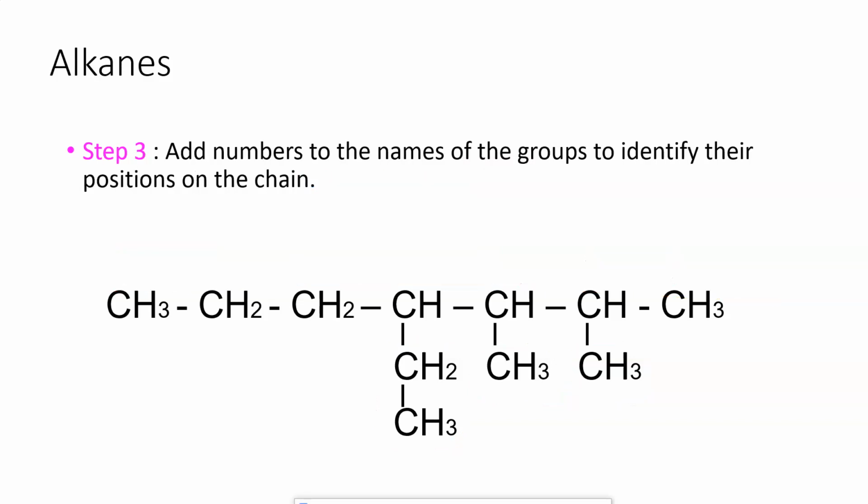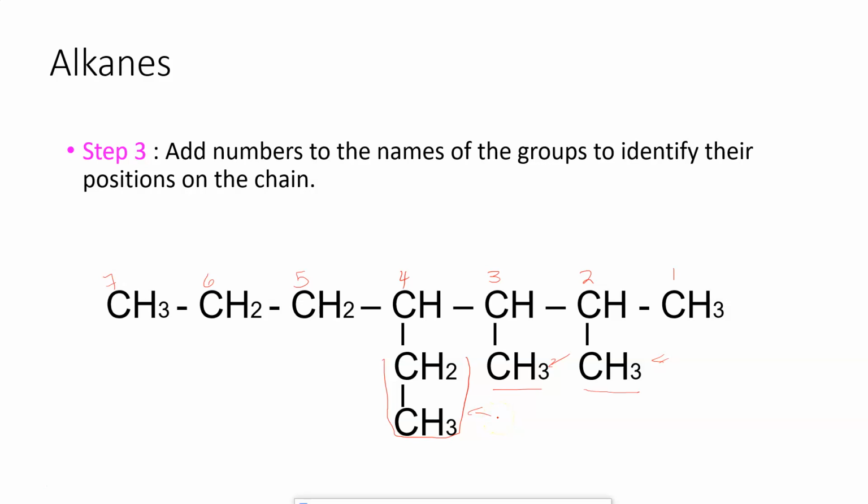Now, I have to add numbers to the names of the groups to identify the positions on the chain. So we said that this is 1, 2, 3, 4, 5, 6, and 7, and we said that this group here is in position 2, this one is in position 3, this one here is in position 4, right? But I also have to name all of these attached groups.